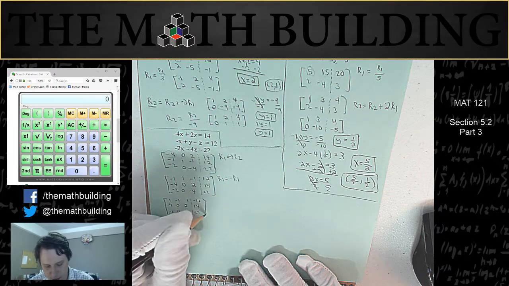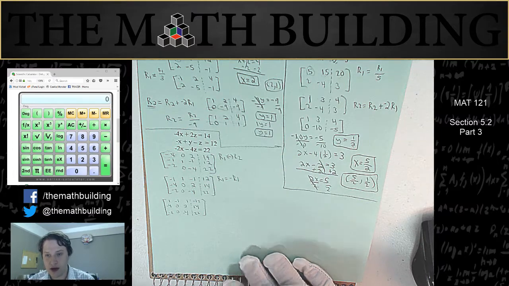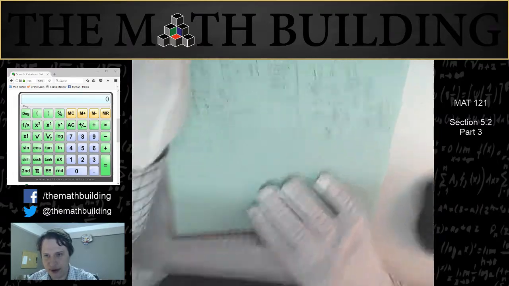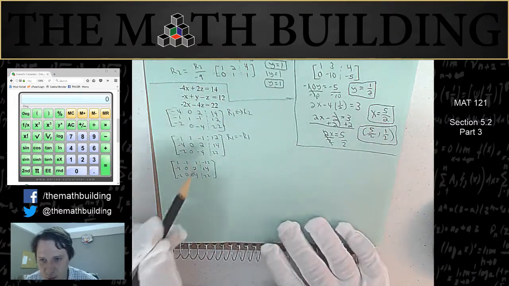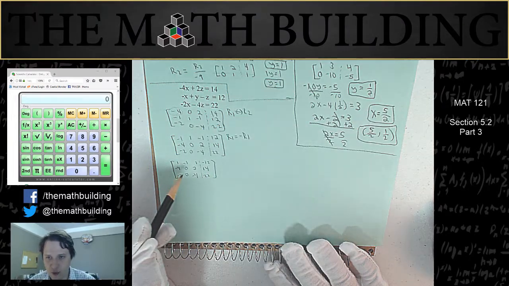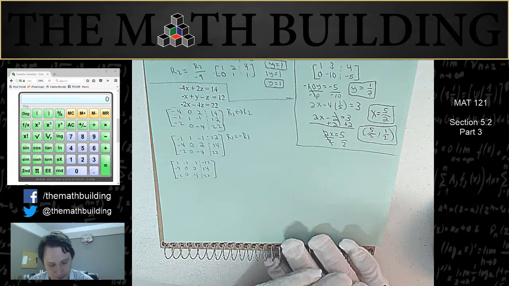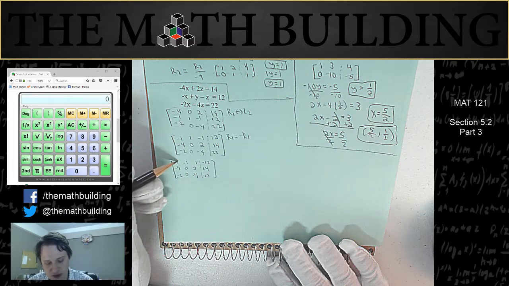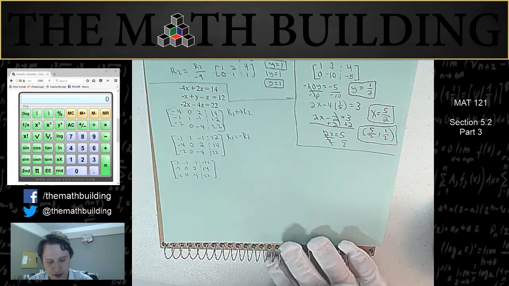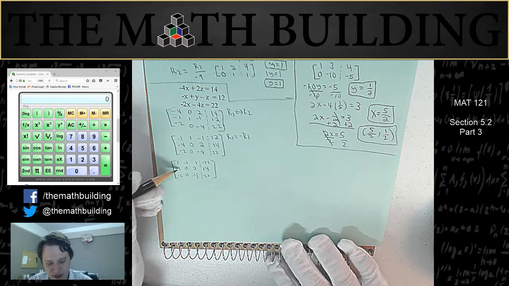I know that's a little hard to read. So that's 1, -1, 1, -12, then -4, 0, 2, 14, then -2, 0, -4, 22. So mission 1 is accomplished. We got a 1 up here. Now the next thing we need to do is to get these to be zeros.